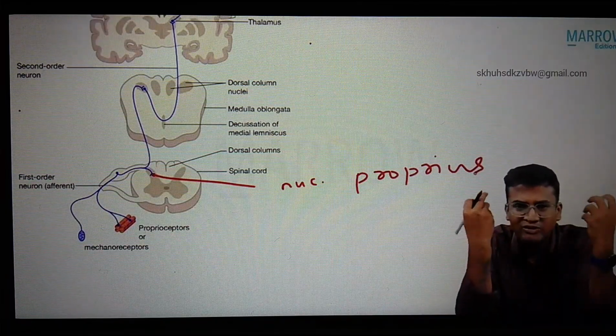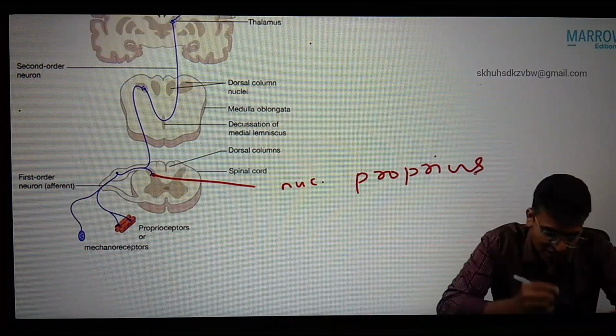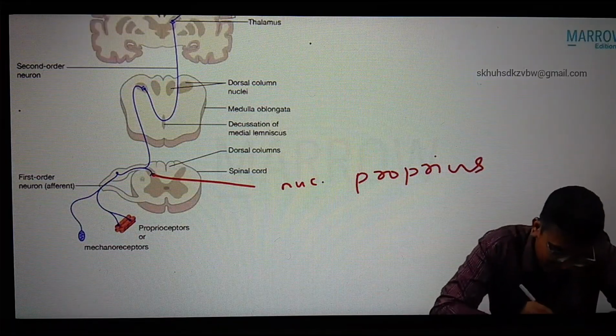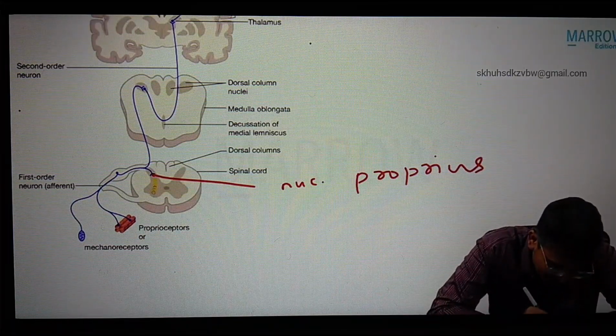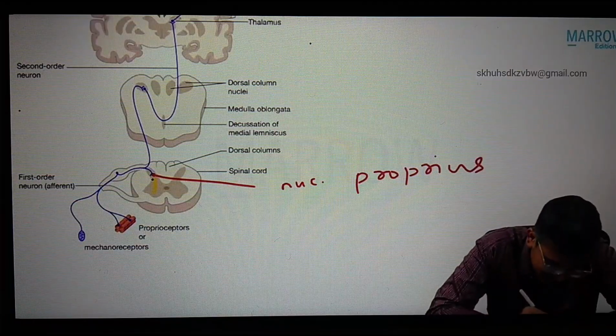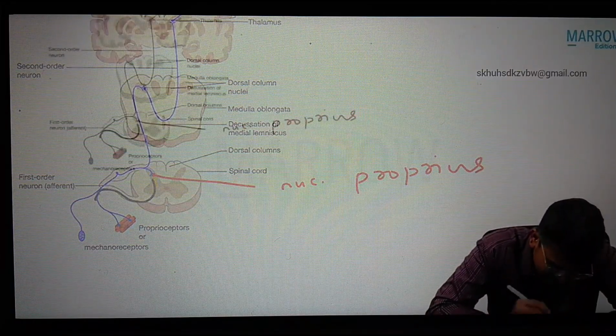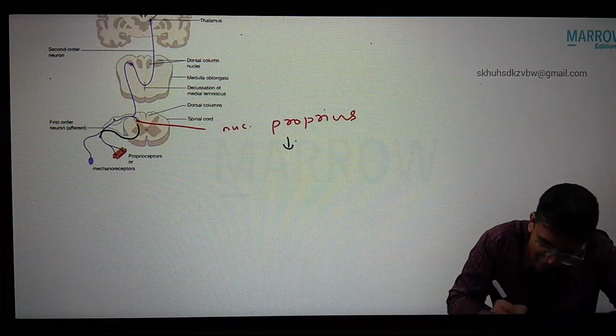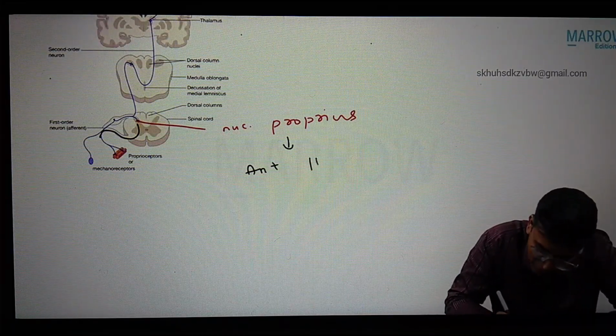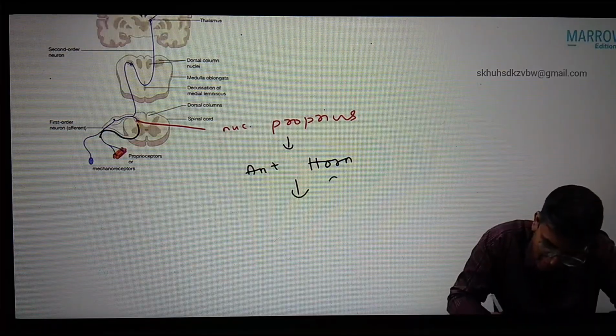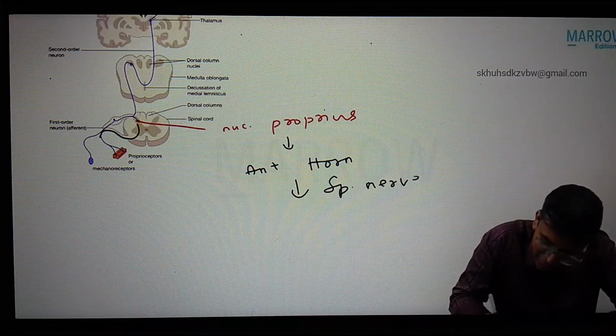Again, why, sir? Why are very few fibers coming to nucleus proprius? From the nucleus proprius, the fibers come to the anterior horn and they in turn come out via the spinal nerve. So fibers from nucleus proprius come to the anterior horn and the spinal nerve carries the fiber.